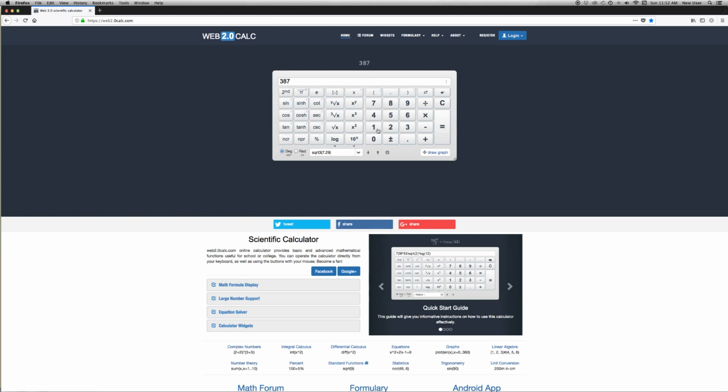And if I take the cube root of 387, I get 729. 723 is actually the proportional distance between the Earth and Venus. Don't want that. Go to the cube root, equals 0.9.